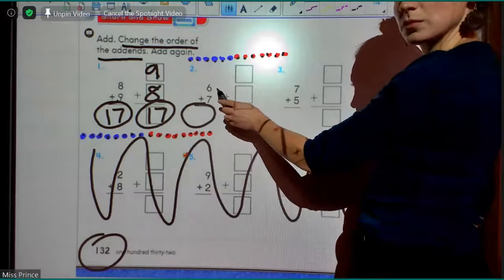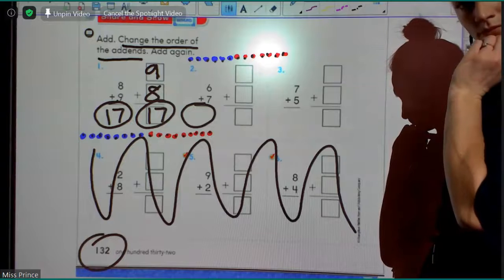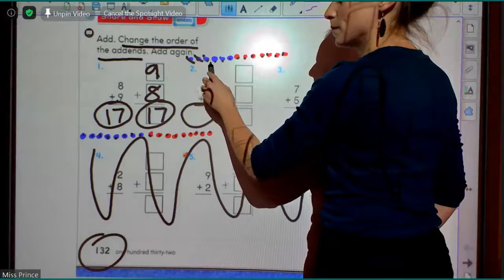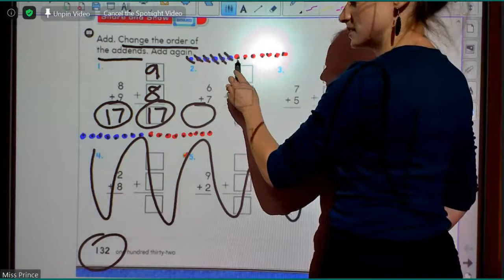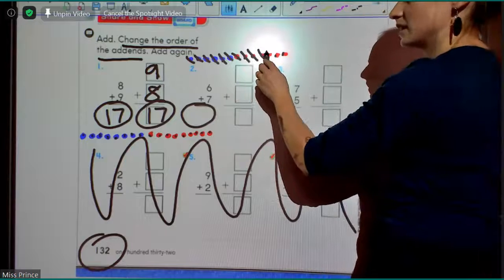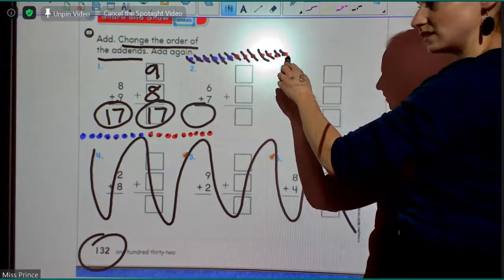Did you do 6 blue and 7 red? Let's count them again. Ready? 1, 2, 3, 4, 5, 6, 7, 8, 9, 10, 11, 12, 13.